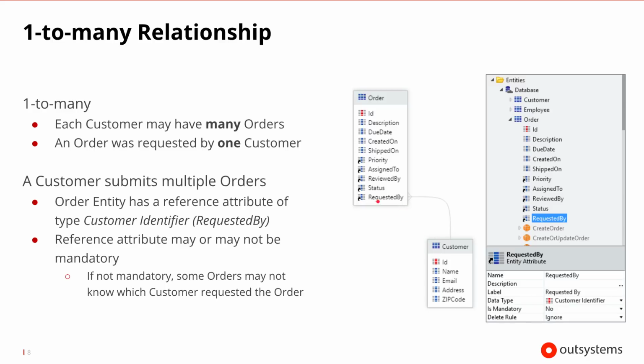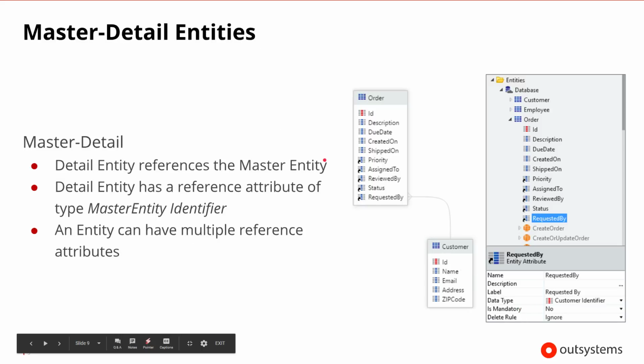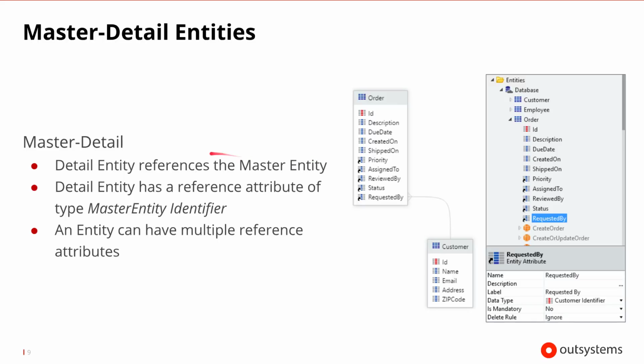So this order was requested by this particular customer, and that's how we get to the customer order one-to-many relationship. And down here in that requested by attribute, it's looking for a customer identifier, and it's set mandatory to no. Now, when we do one-to-many relationships, sometimes they're referred to as master detail. The detail entity will reference the master.